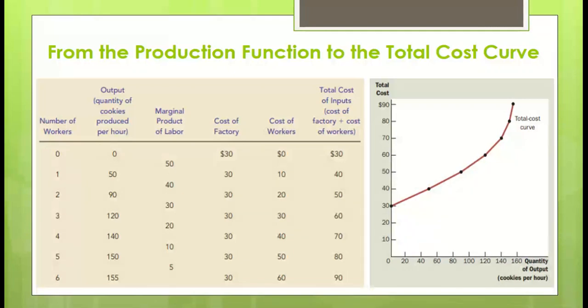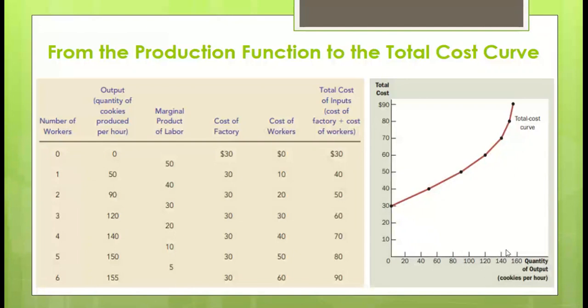For 120 units of output produced, against this point, the total cost is $60 there. So this is the point. Now coming to the next unit, for 140 units of output, the total cost is now $70.